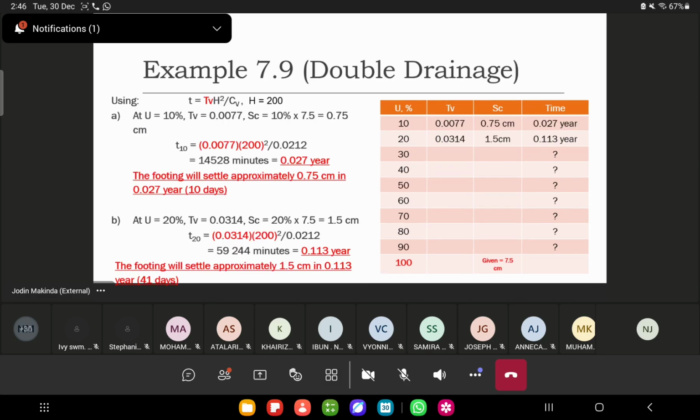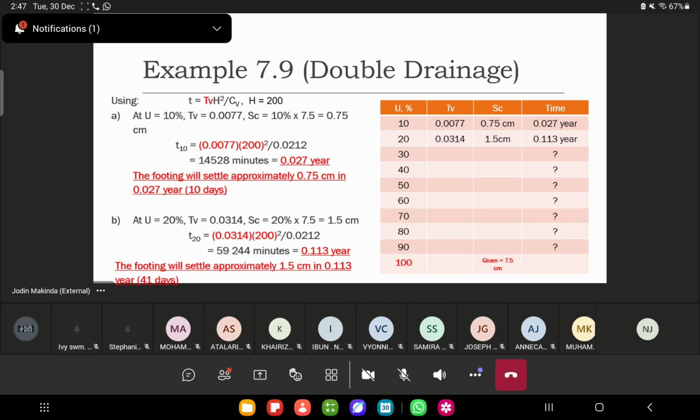So the solution for case 1 is as follows. Because it is double drainage, the height H is 200 centimeters, or 2 meters.